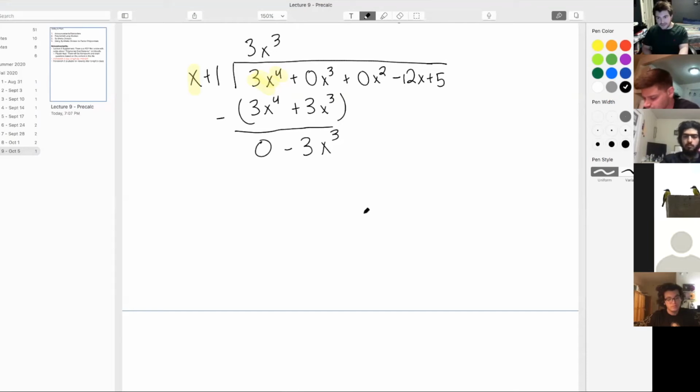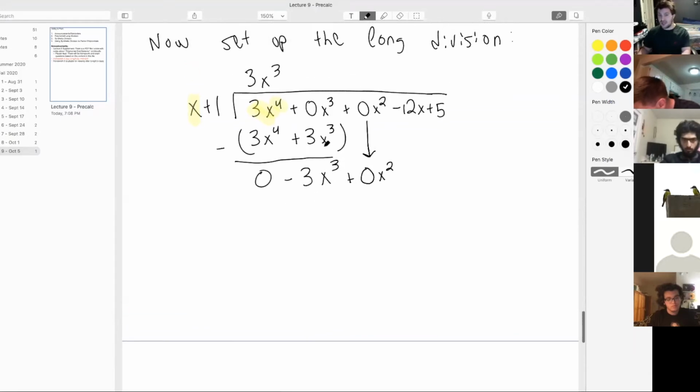Okay, and the next thing to do is to bring down this guy. So I'll bring down a plus 0x squared. And now you repeat. Perform the steps again. So x multiplied by what will give me negative 3x cubed? Well, that would just be minus 3x squared.